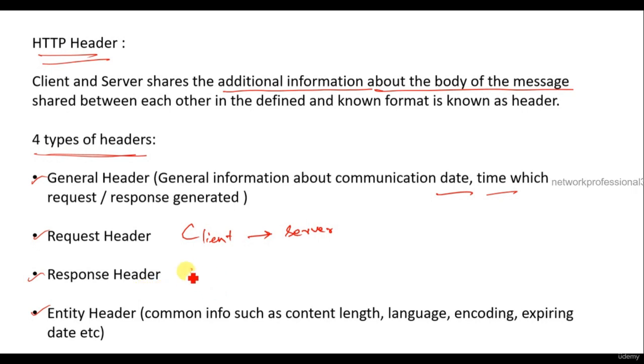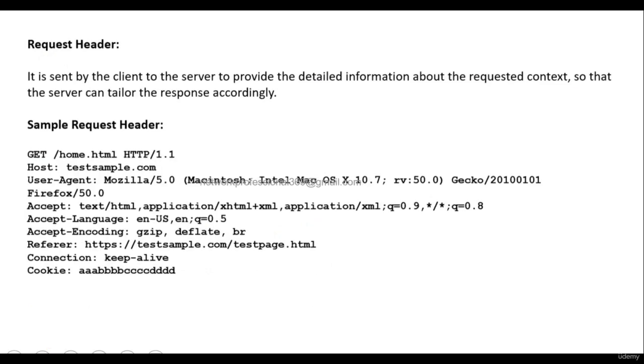A response header is what is sent from the server as a response to the client. And the entity header carries common information like what language is allowed, the encoding method, and the expiry date. So this kind of information will be available in the entity header. Let's discuss these one by one.